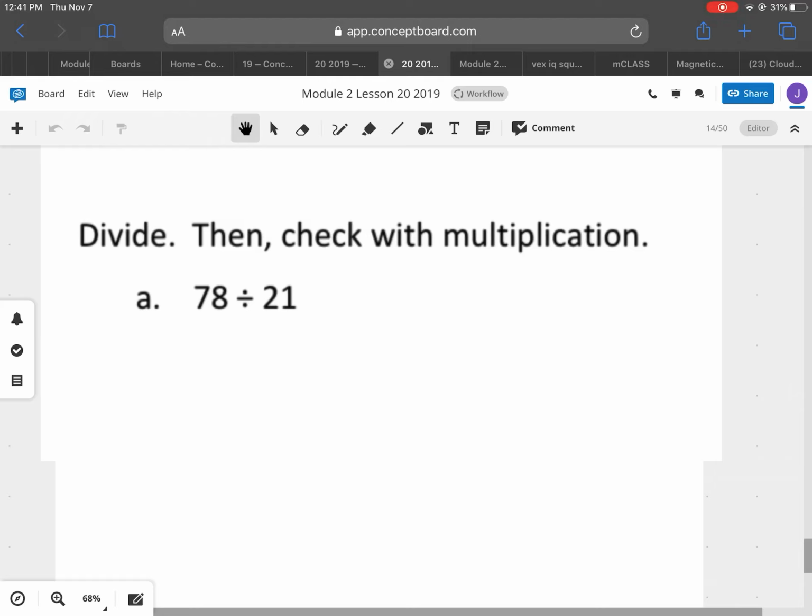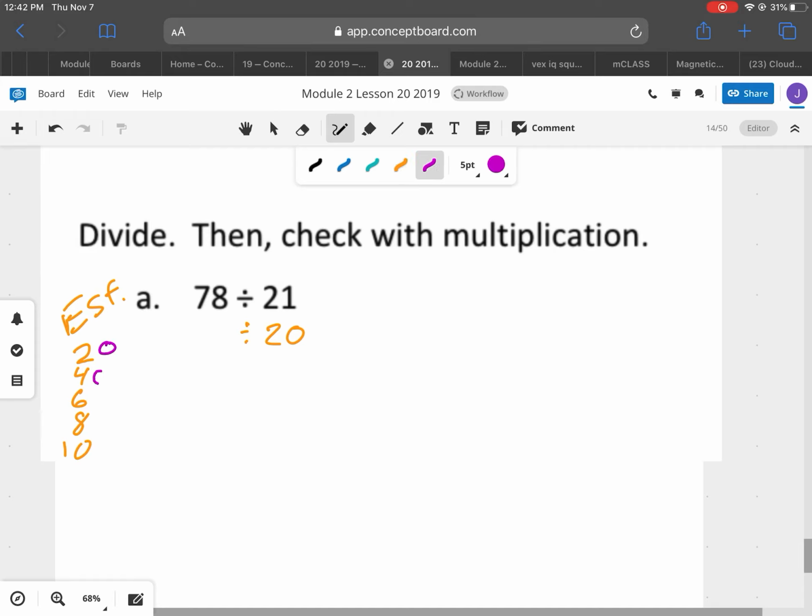Okay, so the first thing we're going to do is to estimate. We're going to round the divisor. Some of you may not know that the second number is the divisor. Then we're going to think about our 2 times table basic facts: 2, 4, 6, 8, 10, and we're going to think about it as 20.